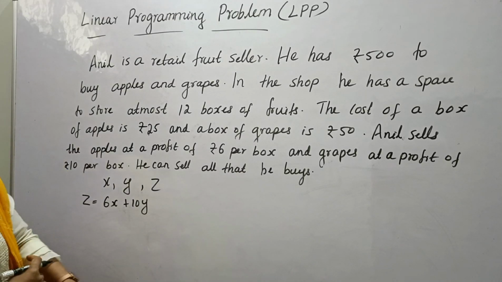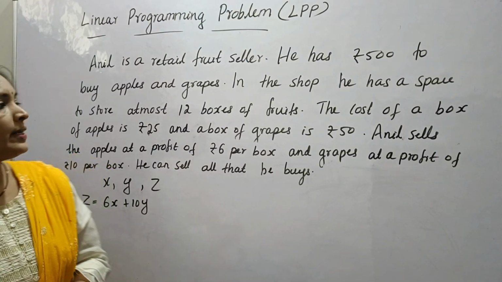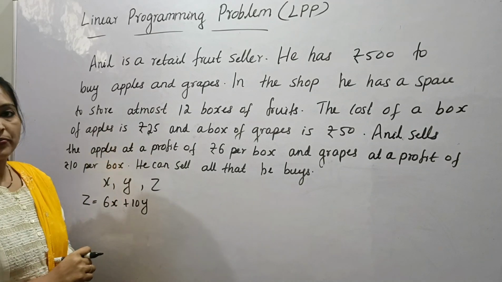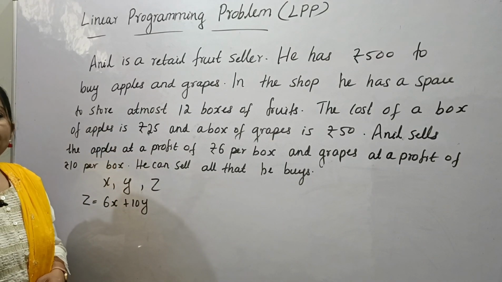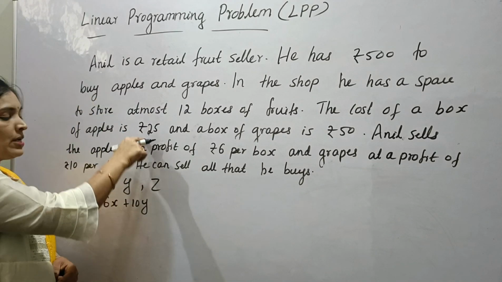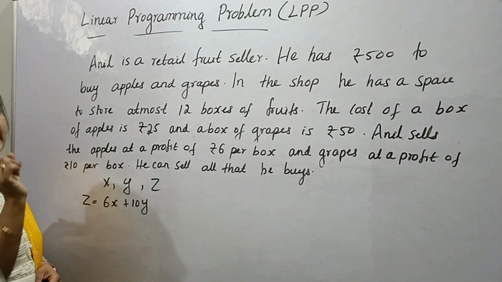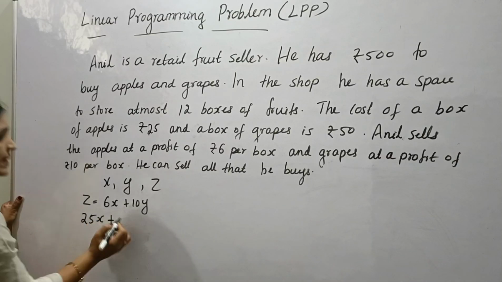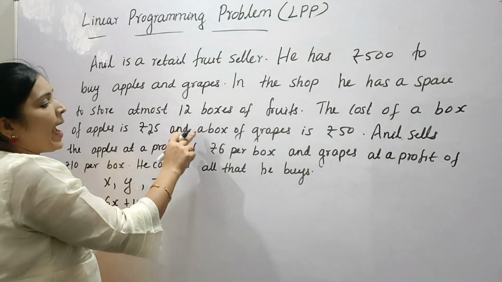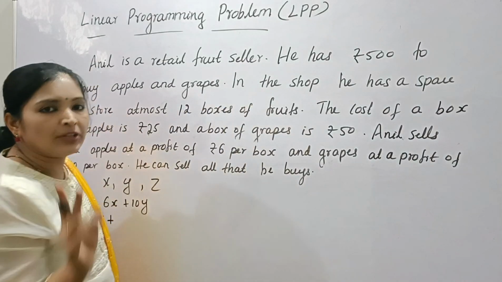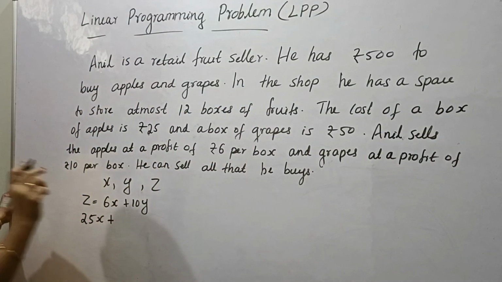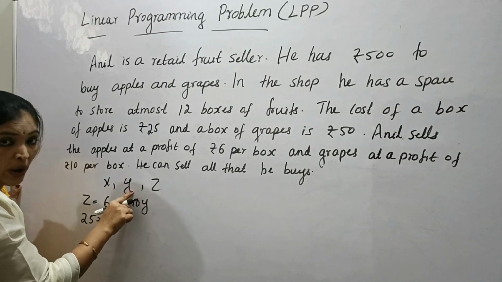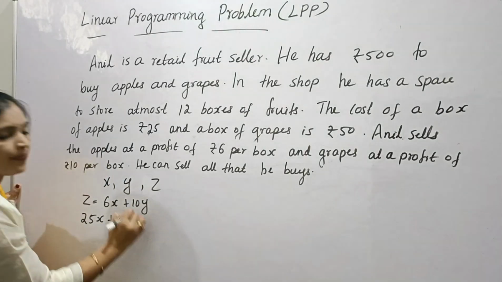Next, what is the total cost? The cost of a box of apples is rupees 25. For one apple box, rupees 25. There are x apple boxes, therefore the total cost is 25x plus, next, what about grapes? A box of grapes is rupees 50. There are y boxes, so 50y.